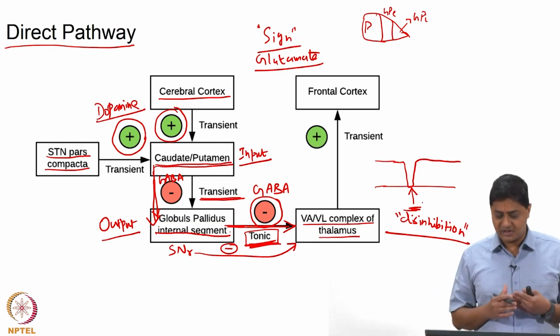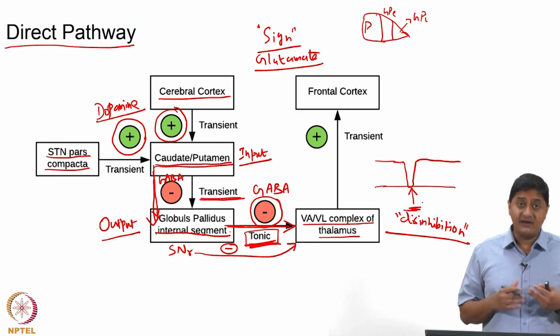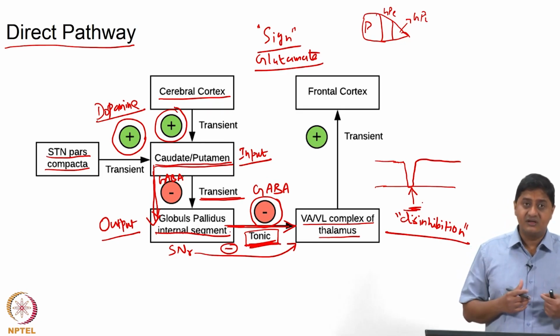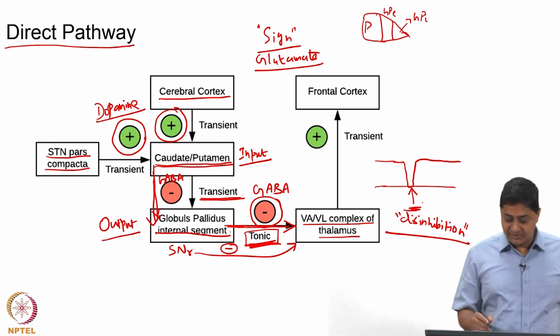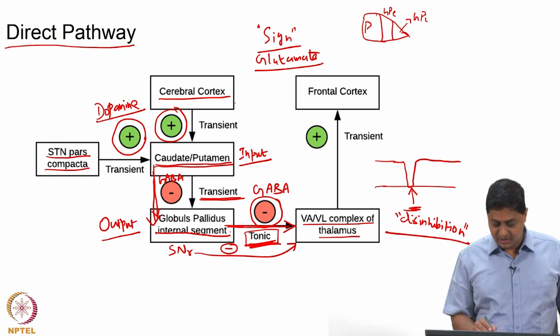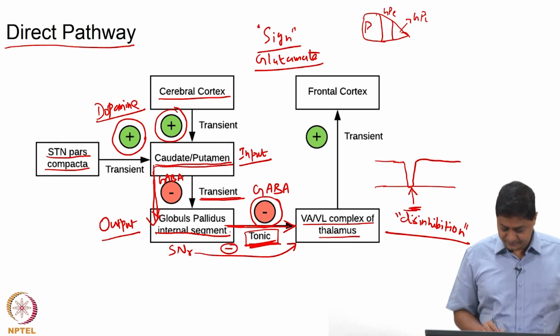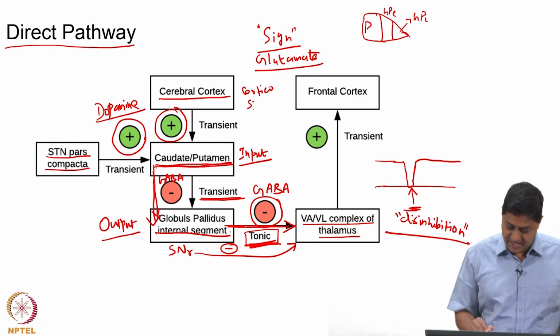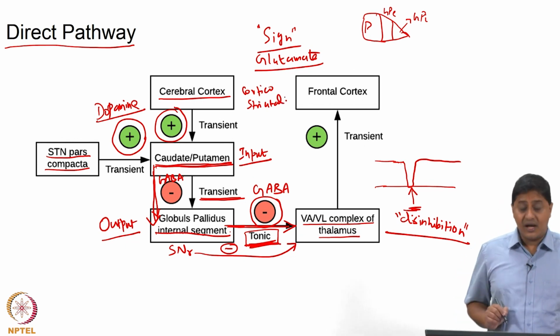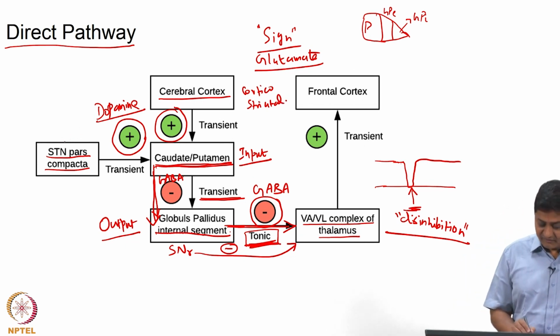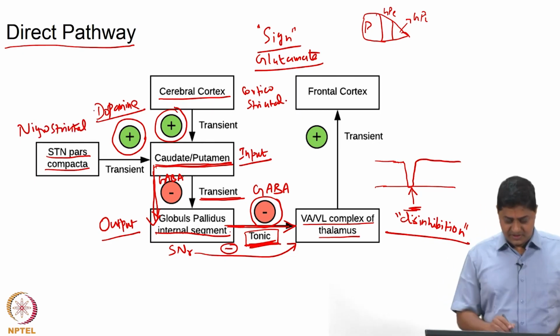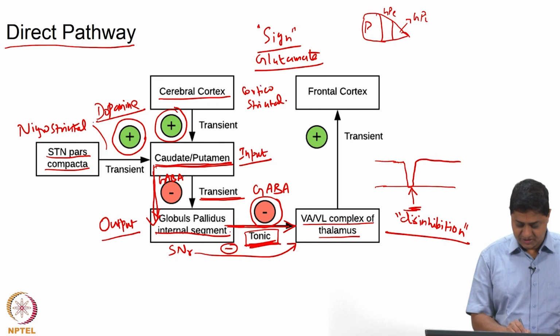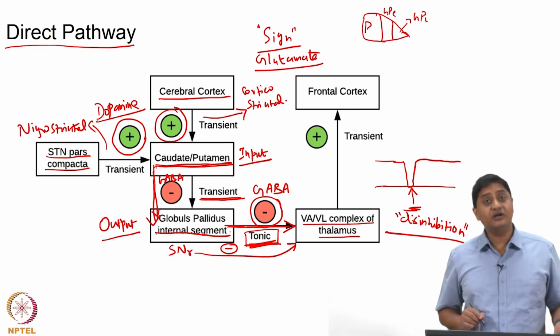The glutamatergic projections from the cortex excite the striatum, and the dopaminergic projections from the substantia nigra pars compacta excite the striatum. This pathway from the cortex to the striatum is of course called the corticostriatal pathway, and this pathway from the substantia nigra pars compacta to the striatum is of course called the nigrostriatal pathway.